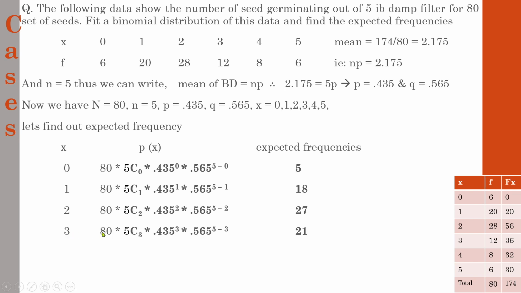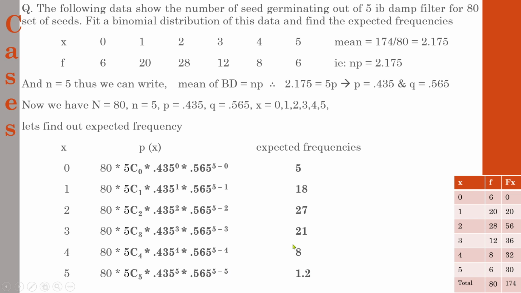Third event, 80 into 5C3 into 0.435 raised to 3 into 0.565 raised to 5 minus 3, you will get 21. For event 4, 80 into 5C4 into 0.435 raised to 4 into 0.565 raised to 5 minus 4, you will get 8. And finally, event 5, 80 into 5C5 into 0.435 raised to 5 into 0.565 raised to 5 minus 5, you will get 1 by 2.